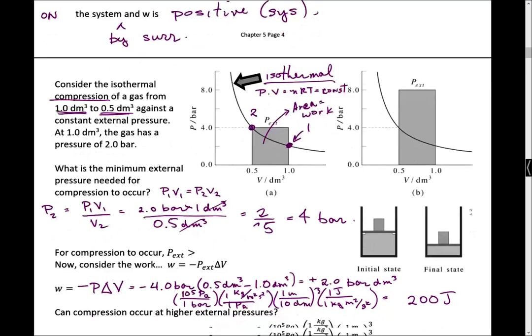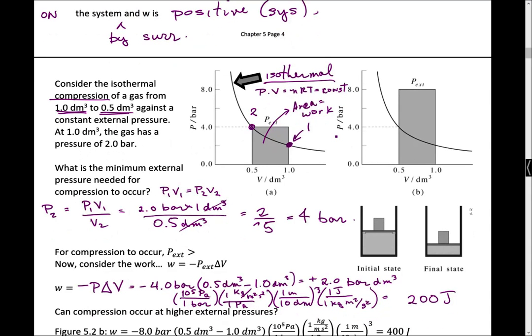Let's do a little bit of a thought experiment. This is the situation that we've looked at. We basically have this external pressure. We've got these pins. We open the pins, and it's compressed to 0.5. We've gone from 1 decimeter cubed to half the volume. Now, if I had put pins down below here, it doesn't matter what this pressure is.